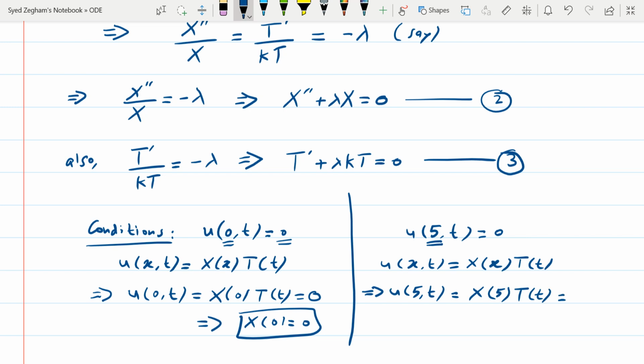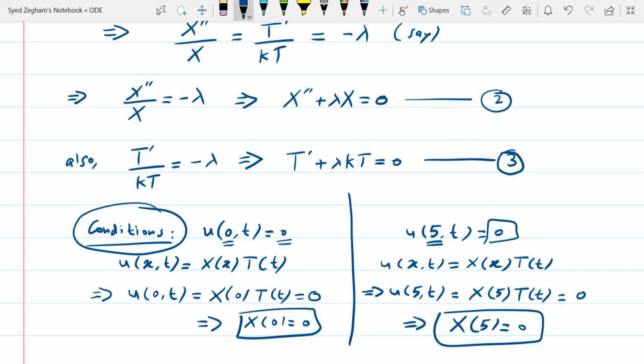And this value should be equal to 0. This again gives me that X at 5 should be equal to 0. So using the two boundary conditions which were given in the question, we have obtained another two conditions which may be useful for us. Okay, looks good.